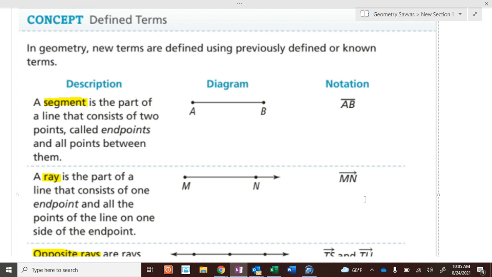A line never ends. A segment has 2 endpoints. So when we name a segment, we name it using its endpoints and have a segment symbol over the top of it.